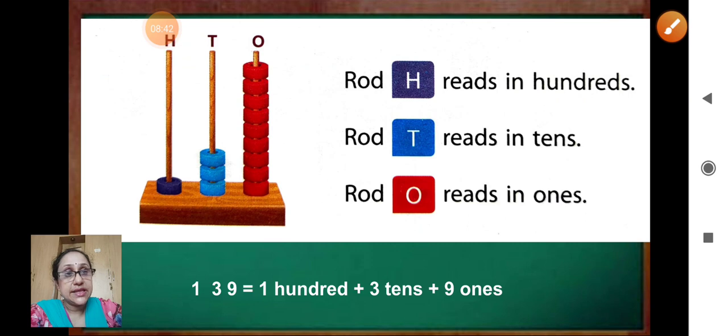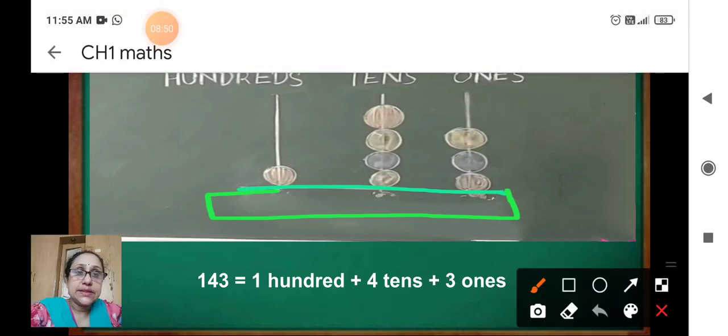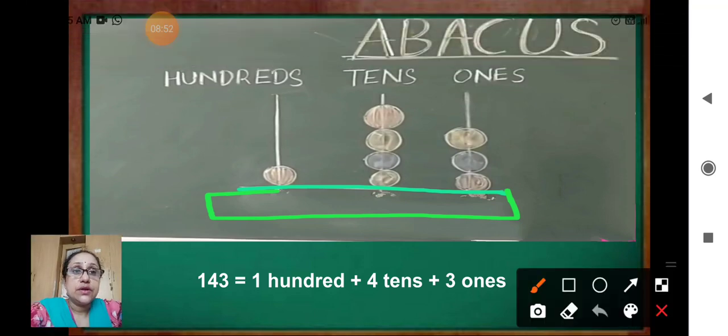Now I will explain you with few examples. Again, hundreds, tens, ones. Yes, let's count from the ones place. Yes, count the beads. 1, 2, 3. So write 3 here. Then in the tens place, 1, 2, 3, 4. Okay. And in the hundreds place, 1. So 143. 143 equal to 100 plus 4 tens plus 3 ones.